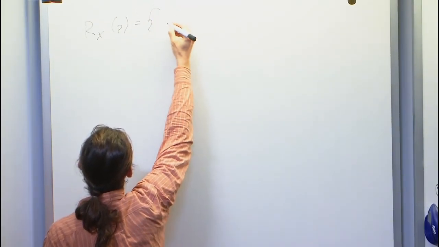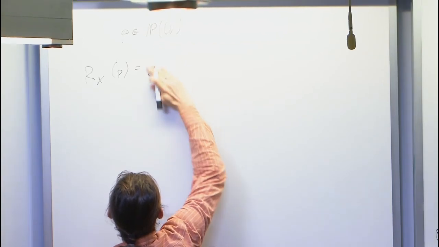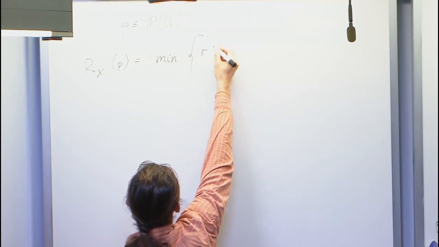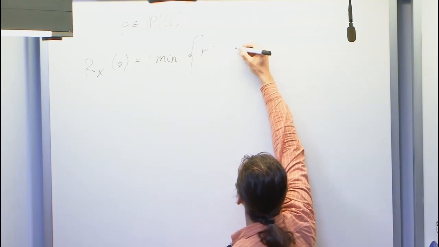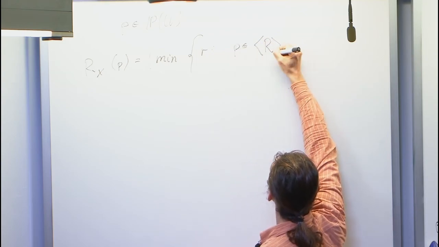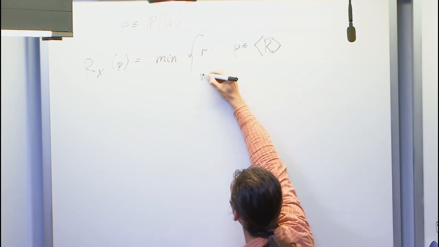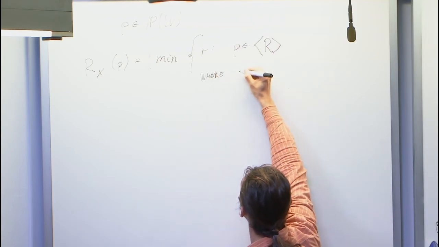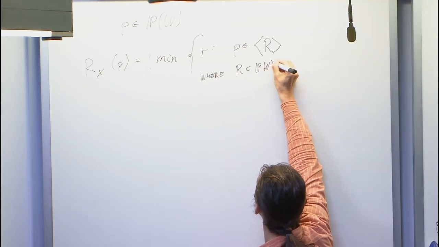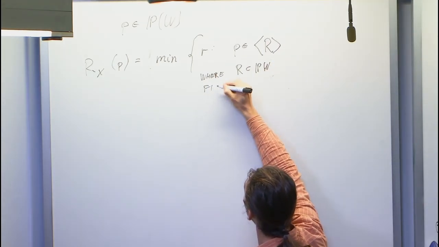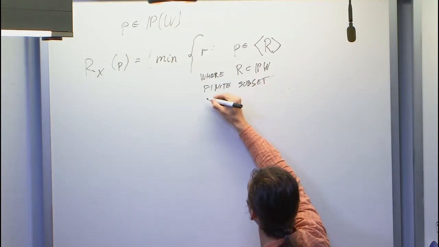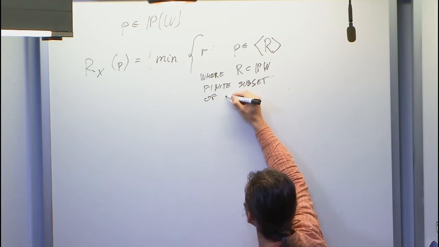It's just the minimal r such that P is in the linear span of some subset R, where R is a finite subset of X of length r.